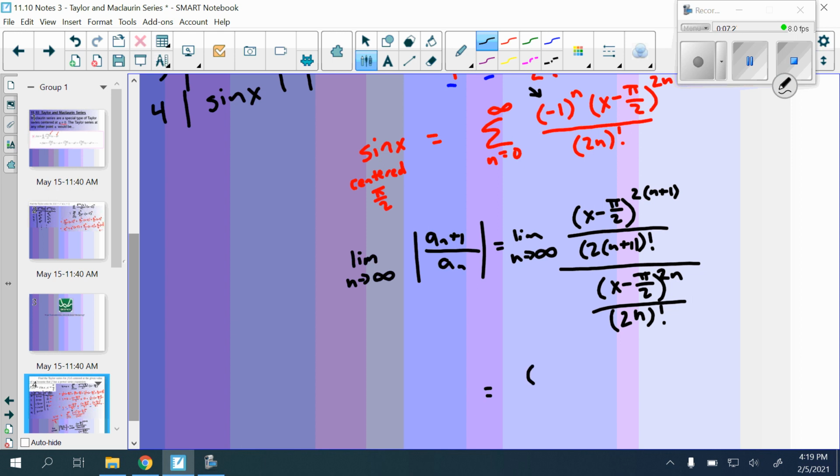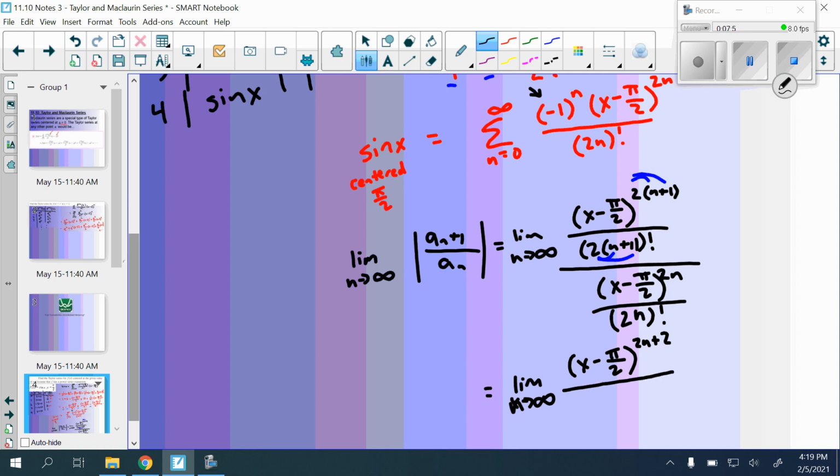All right, so I'm going to multiply by the reciprocal, and we'll do some simplifying here. Oops, let me get my limit notation in there. So if we do some distributing here, this is going to be (x - π/2) to the 2n plus 2.